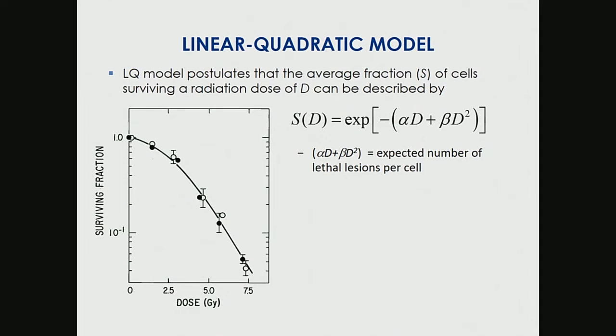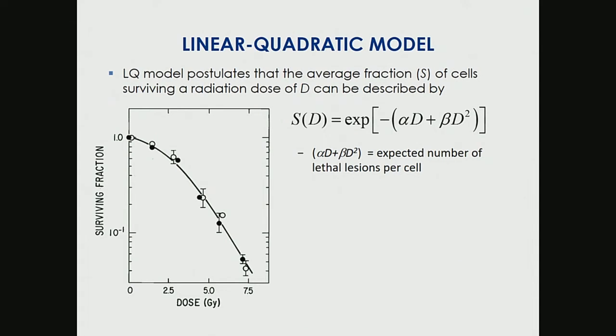And now it is generally accepted that the alpha term, the alpha D, represents the lethal lesions from one-track damages that resulted from irreparable lethal misrepair of double-strand breaks or intra-track exchange-type chromosome aberrations.